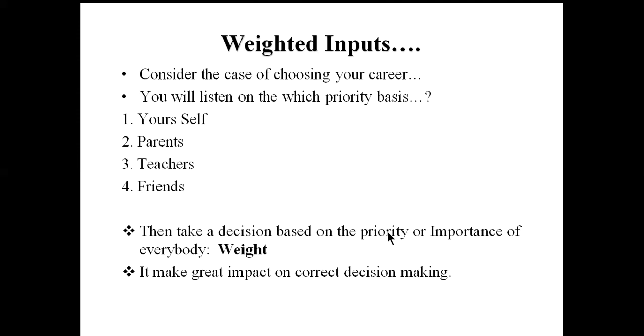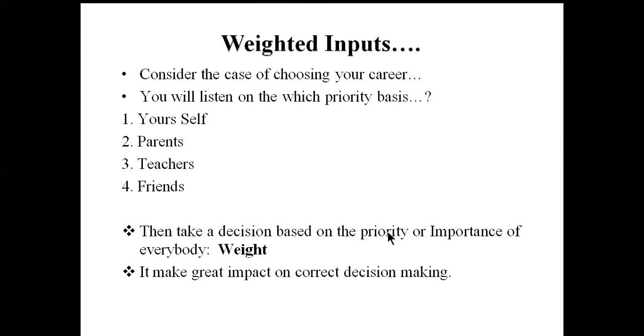Whenever you want to choose your career, you will listen to many people. You first listen to yourself, what you want to do. You can also listen to your teachers, your friends, your neighbors. But taking all kinds of discussion with equal importance may lead you to an incorrect career choice.